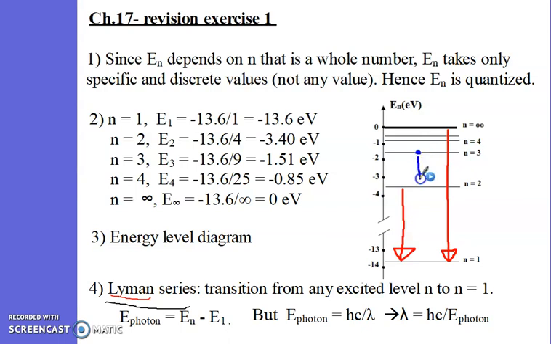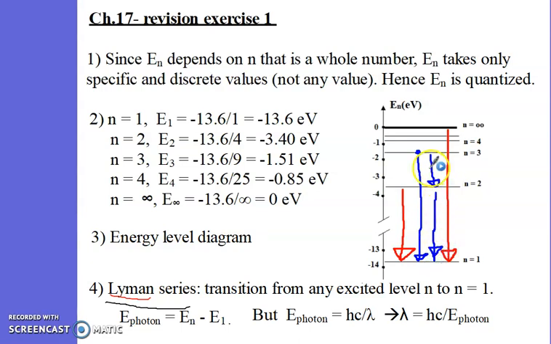It either falls directly from n equal 3 to n equal 1, then you give a photon of certain wavelength, or it falls from n equal 3 to n equal 2, then from n equal 2 to n equal 1.